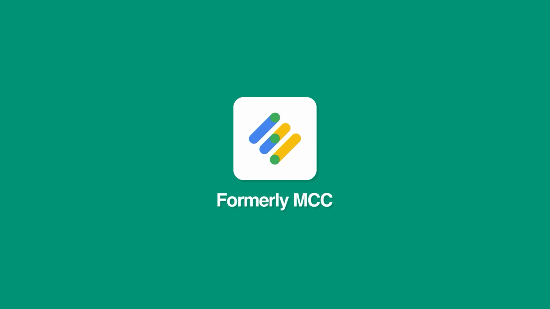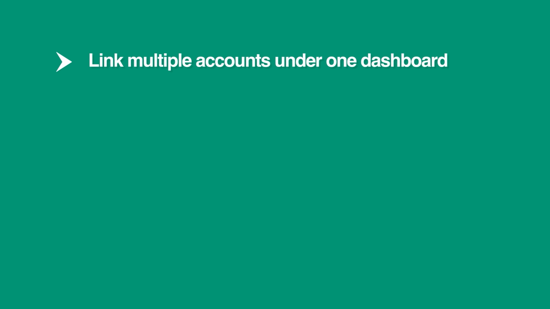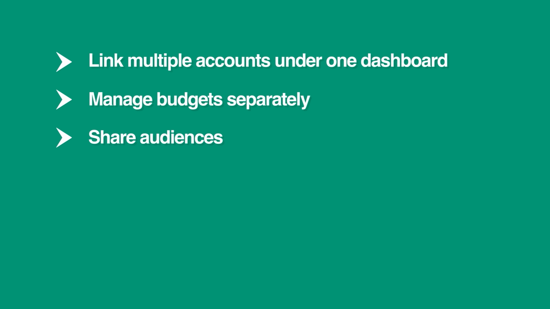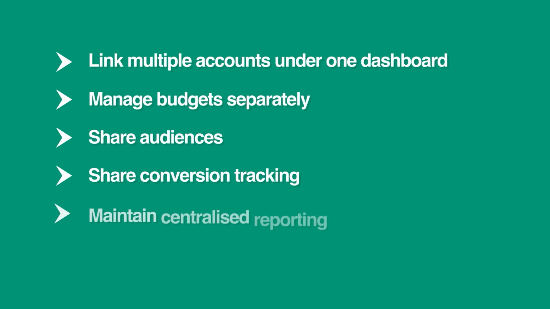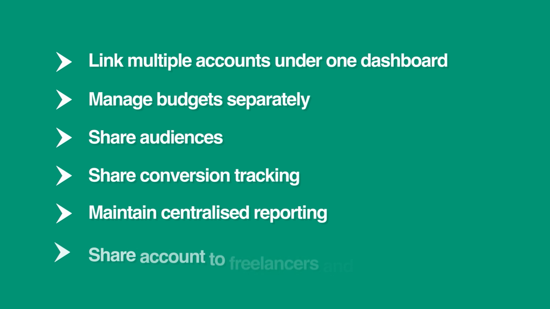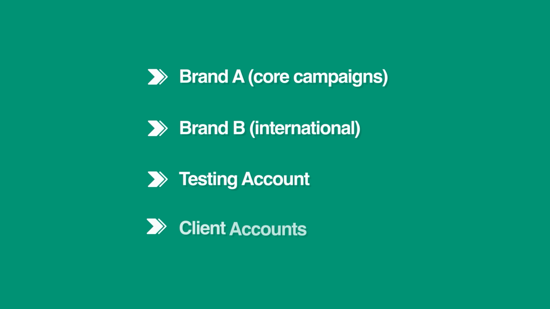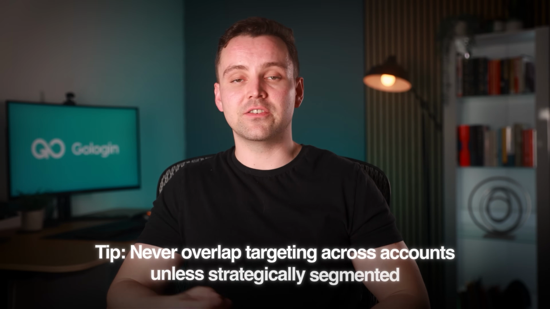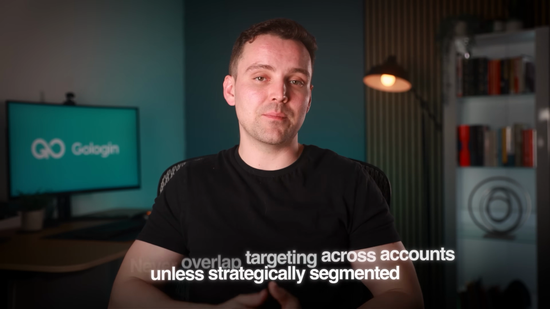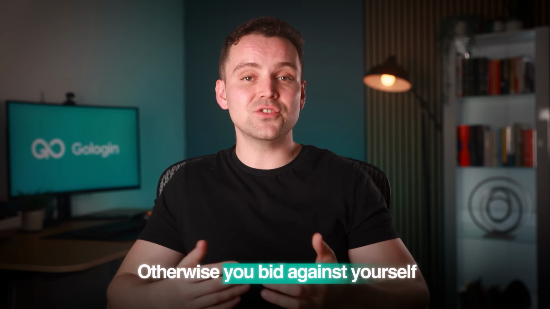Inside the platform, this allows you to link multiple accounts under one dashboard, manage budgets separately, share audiences, share conversion tracking, maintain centralized reporting, share accounts to freelancers and employees. Structure example: manager account, brand A, core campaigns, brand B, international, testing account, client accounts. This keeps everything clean. Tip: never overlap targeting across accounts unless strategically segmented. Otherwise, you bid against yourself.